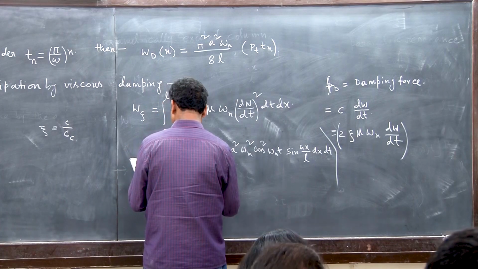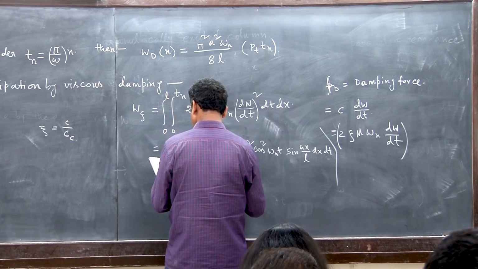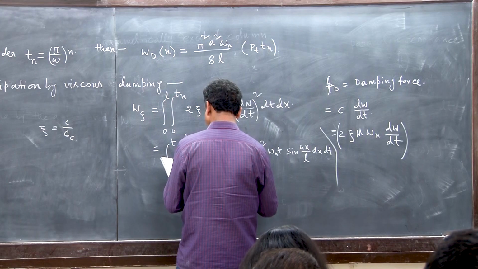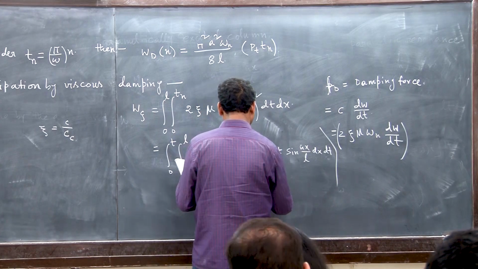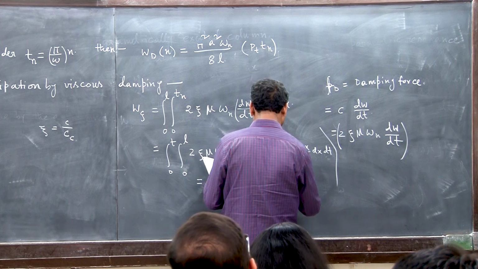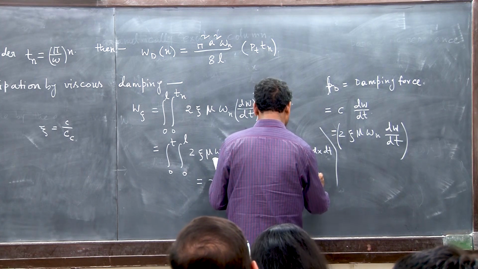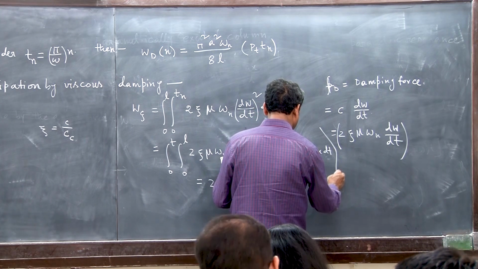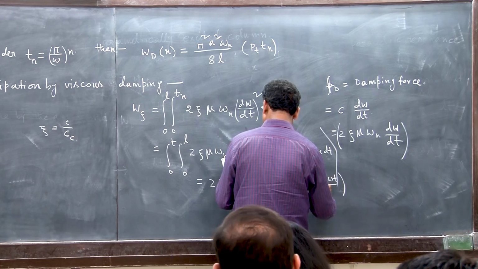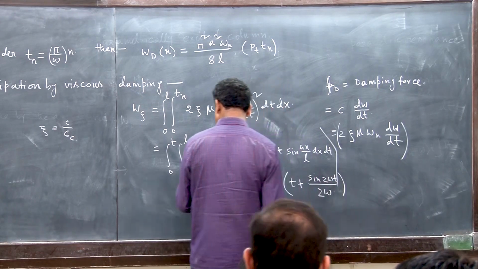So this is equal to 2 xi mu square, sine 2 omega t divided by 2 omega.